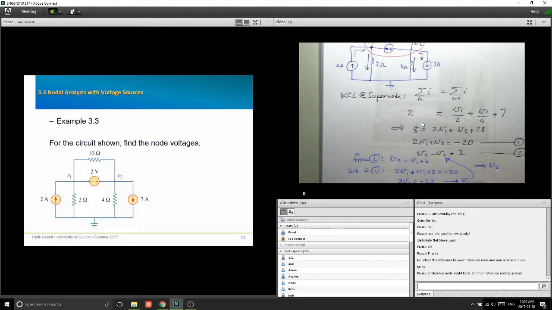Okay. Volts. You put that in here, you get V2 equals plus 2, which is 6 over 3.